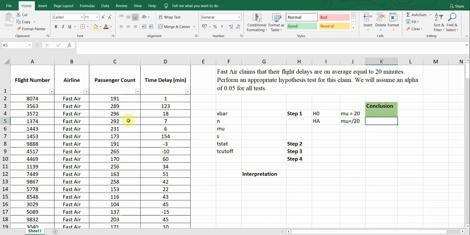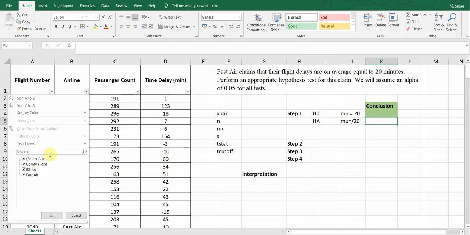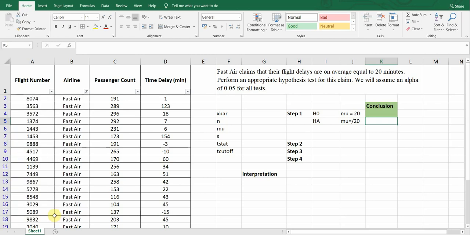Since we are only interested in Fast Air, we'll only select the airline Fast Air. In our data, we have three airlines: ComfiFlight, EasyJet, and Fast Air. So we'll only select the data with respect to Fast Air and click on OK.